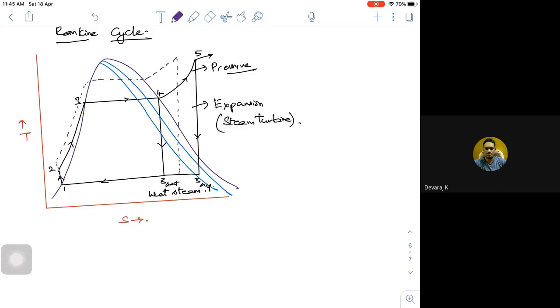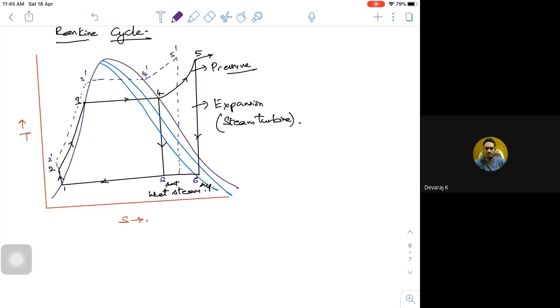If I go to the higher pressure, I have to pay some penalty. What is the penalty? Instead of 1 to 2, I go to 2 dash, then 3 dash, 4 dash and 5 dash, with 6 saturation and 6 superheated.